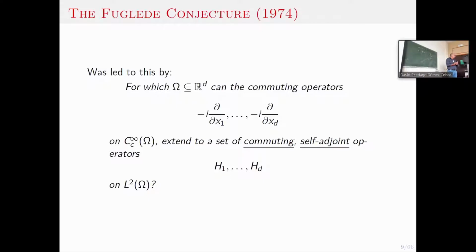This was the question that he was interested in, and he reduced it to the previous one. You can do it if and only if your domain is spectral. Well, he only proved one direction. The other one is true under some conditions, but I don't want to get into this. So this is where it came from. But we will not be seeing this question for now.